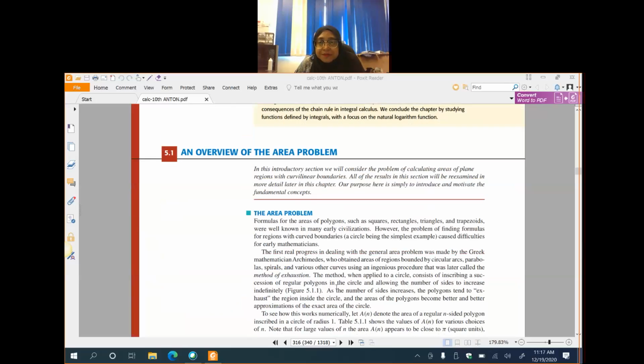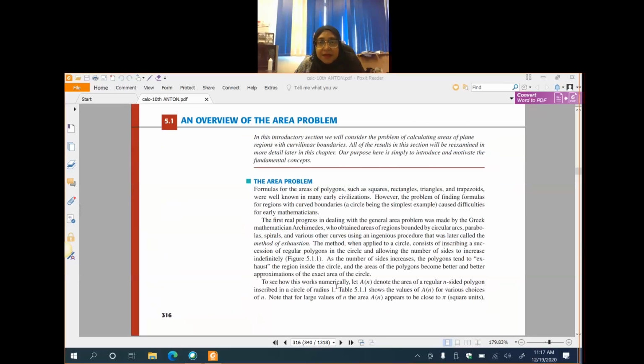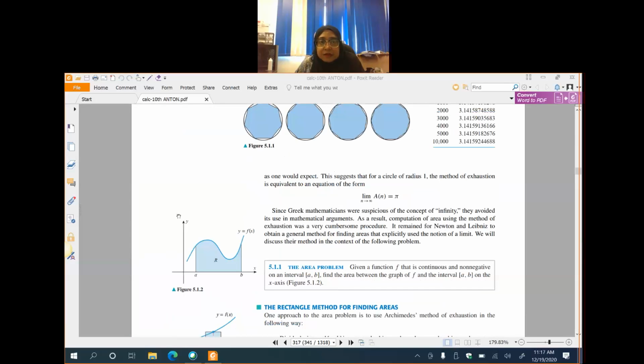Okay, so if you have a region, and when I say region, it means that it is enclosed by boundaries. The boundaries are considered as, let's say, this function here, y equal to f of x.